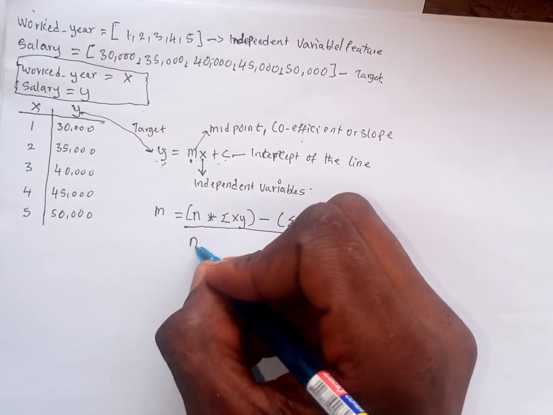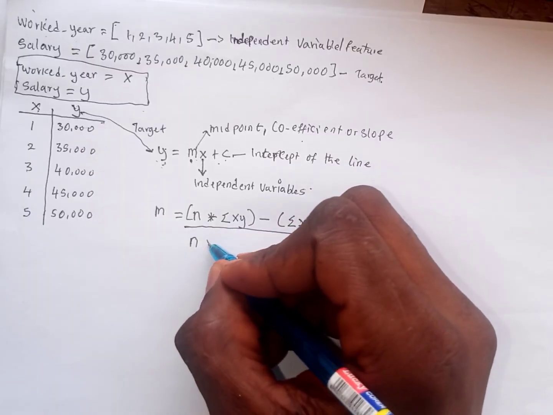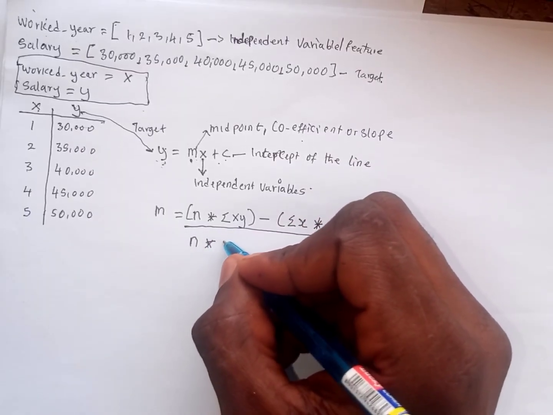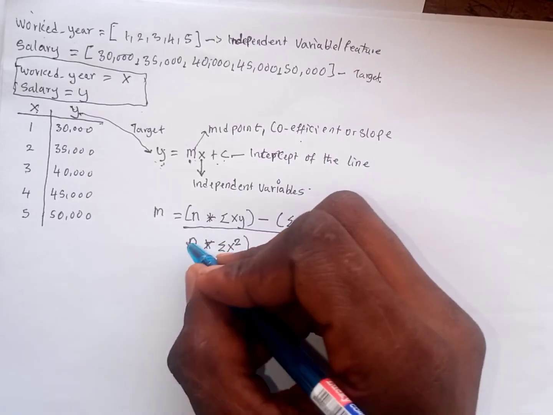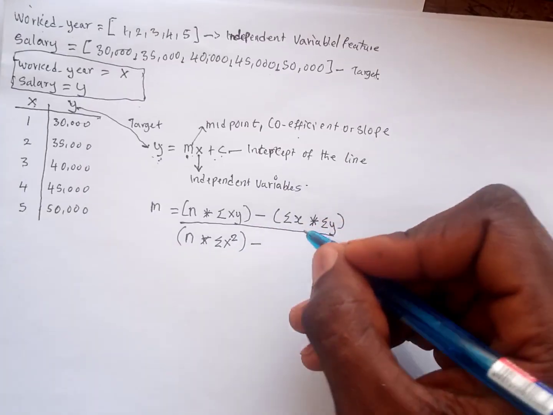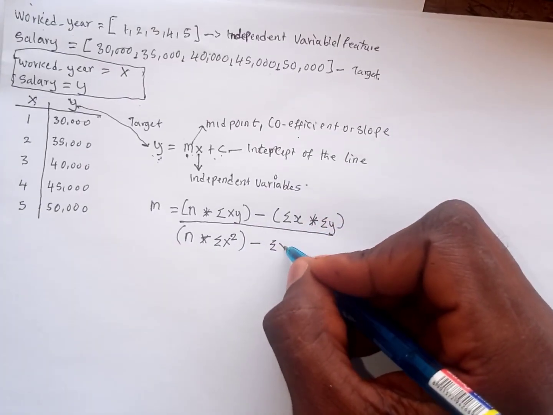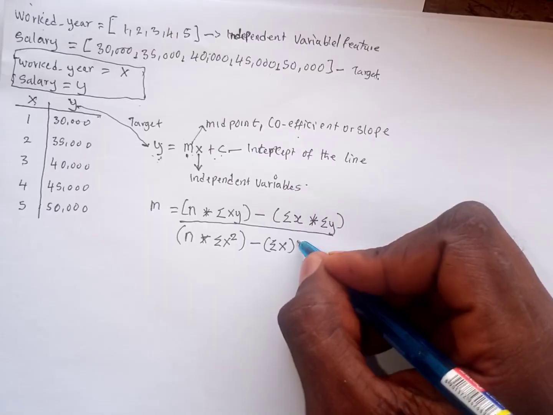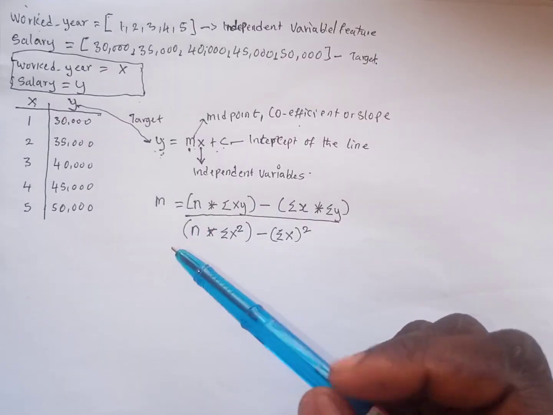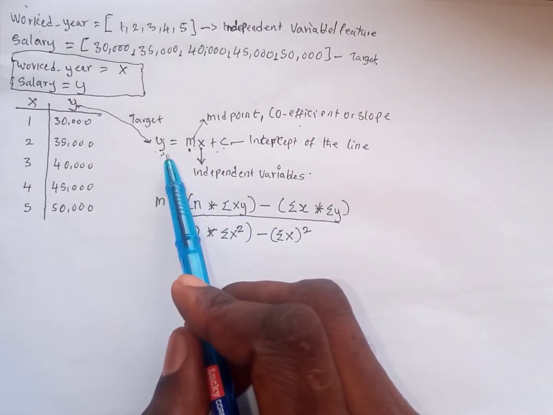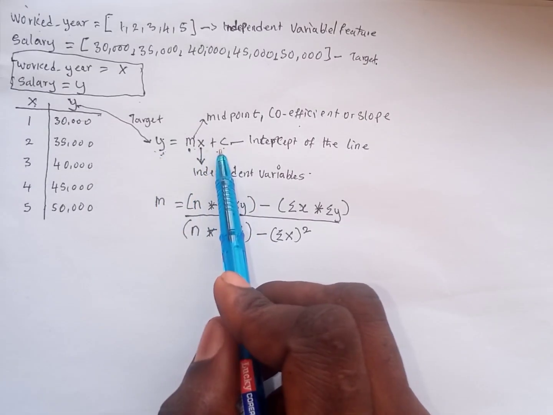By n times the summation of x square, and then we minus it from the square of the summation of x. This is the formula that we can use to find the coefficient or the slope or the midpoint of our linear regression formula here.